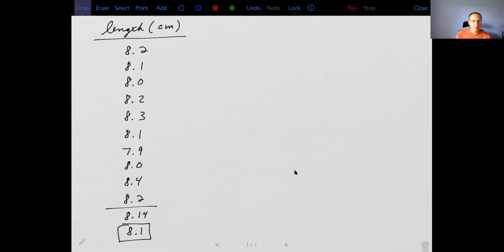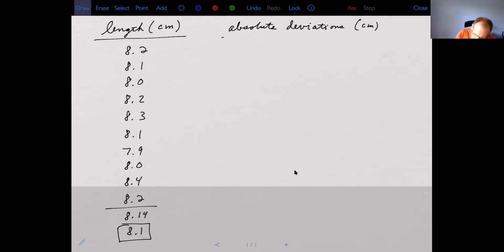Okay, next I have a second column, and these are what's called the absolute deviations, also in centimeters. And what these are is how far each data value is from the mean, from the average.